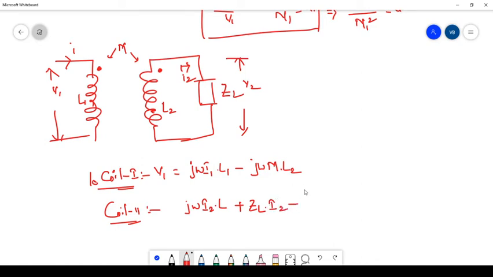What about the mutual inductance? Those are opposite, right? So j omega M into I1 equals 0, because there is no voltage, right?